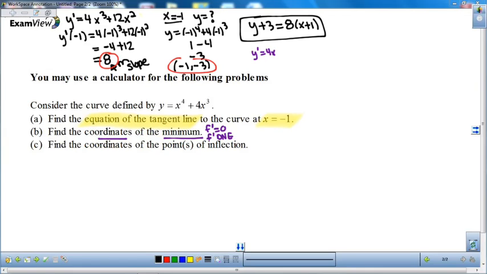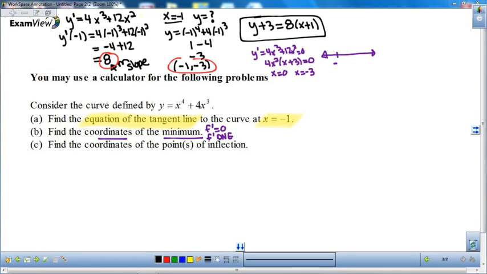So I'm just going to set that equal to 0 and solve for x. So I'm going to factor out a 4x squared. So I'm going to have x is equal to 0 and x is equal to -3. So these are my critical points. There's no place where the derivative does not exist.